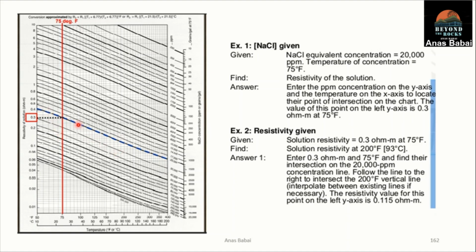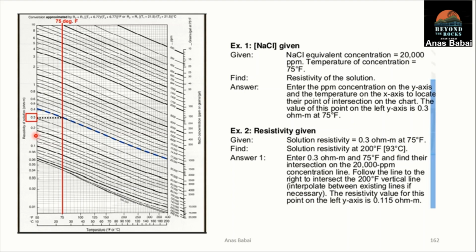So if you are asked to calculate the resistivity of the same solution at 150, you simply draw a straight line until you intersect with the same concentration line, and you read the resistivity value from here. It's something between 0.1 and 0.2.